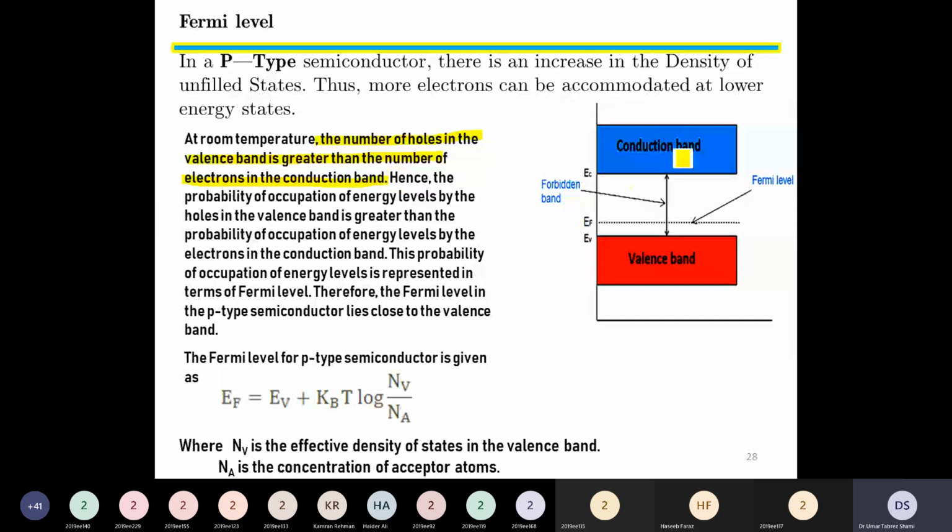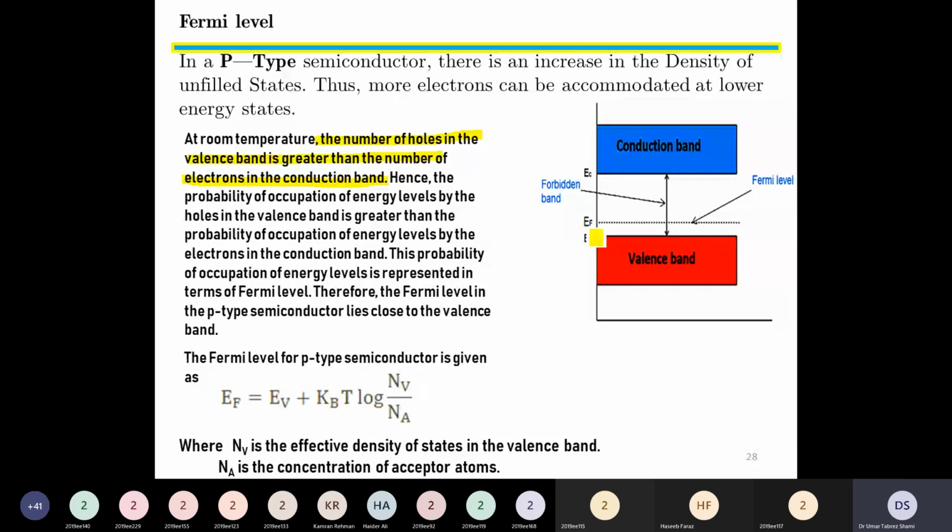the number of holes in the valence band is greater than the number of electrons in the conduction band. Holes are more in the valence band, and the conduction band has fewer electrons and more holes. Hence, the probability of occupation of energy level by holes in the valence band is greater than the probability of occupation of energy level by electrons in the conduction band.